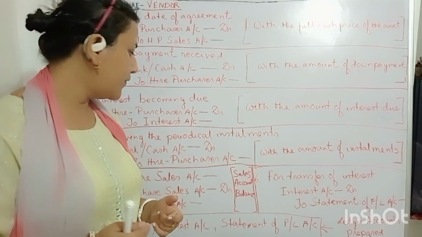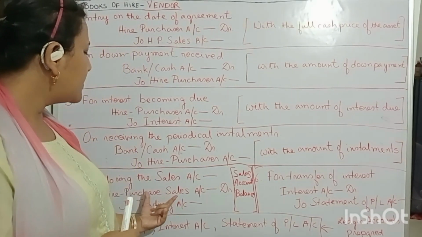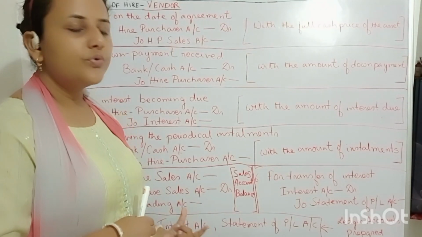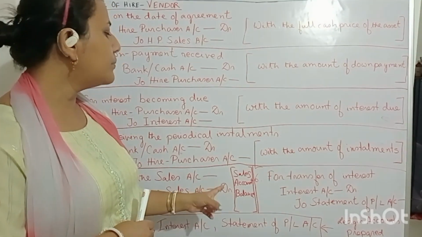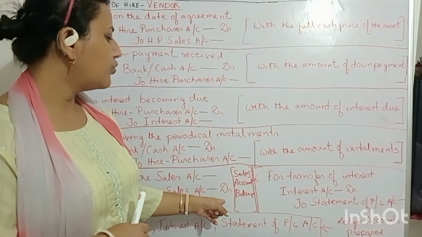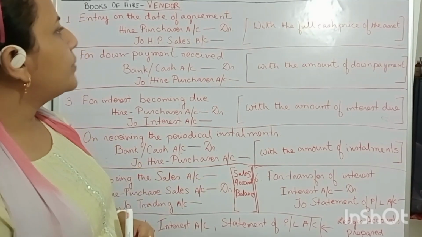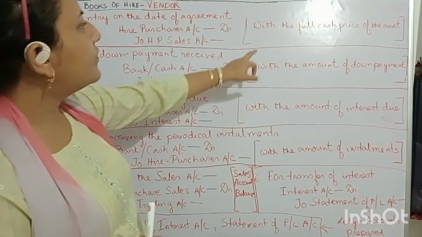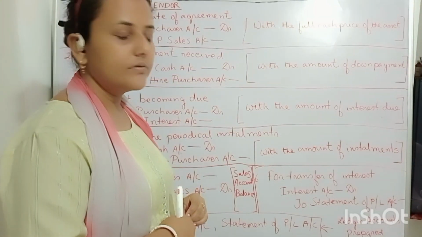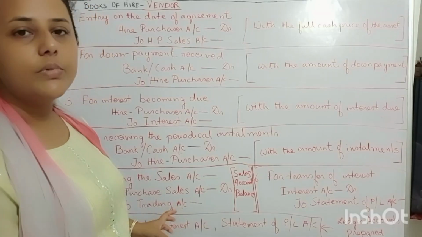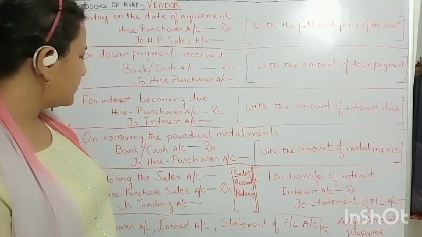What entry will be passed? Hire purchase sales account debited to trading account, with the sales account balance, that is the full cash price of the asset.